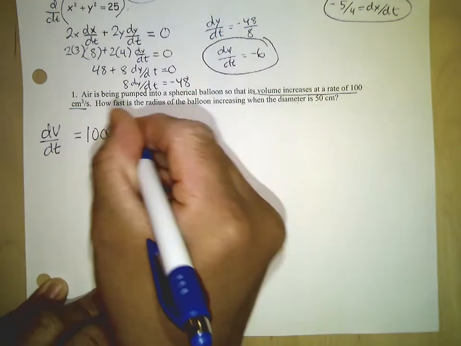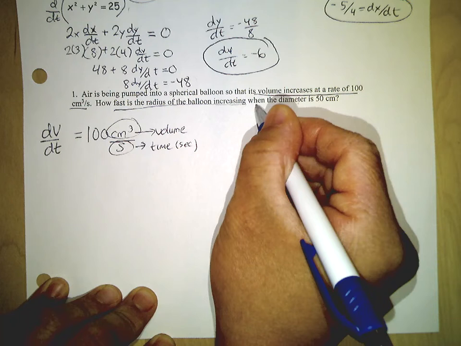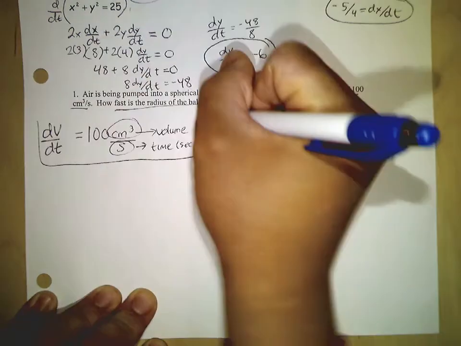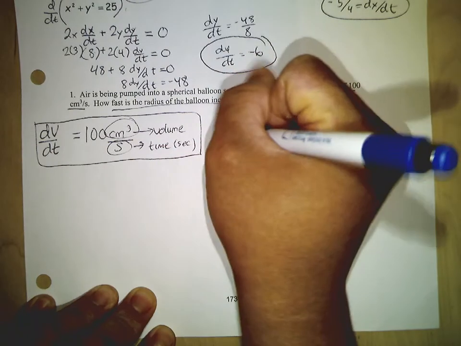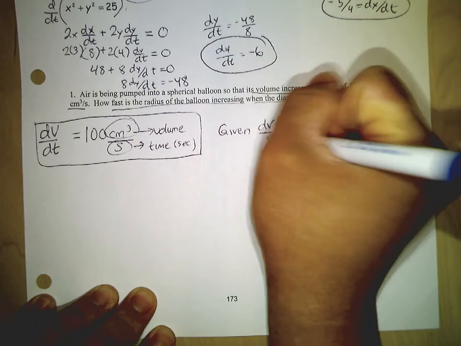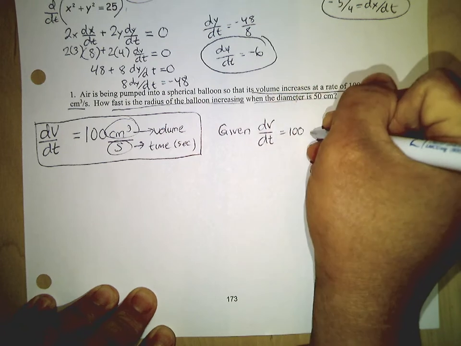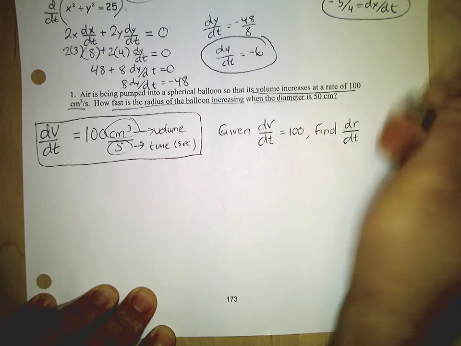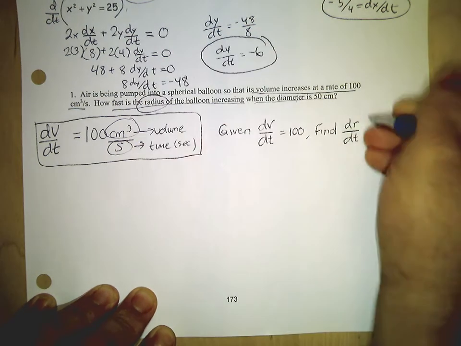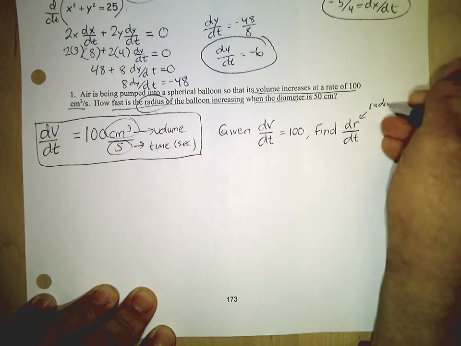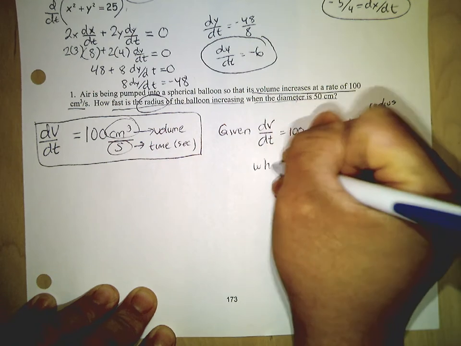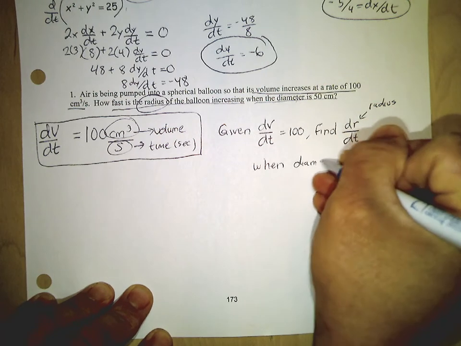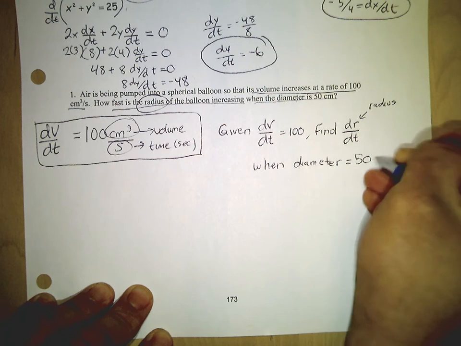How fast is the radius of the balloon increasing when the diameter is equal to 50 centimeters? So this is what we're given. We're given dV/dt is 100, and we want to find, I'll just call it dr/dt, where r will be the radius, when the diameter is equal to 50 centimeters.